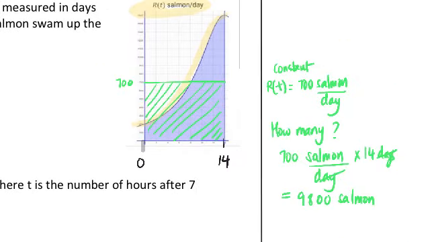So you can see that the area under the rate graph gave us the quantity, or the how many. So what we're realizing now with calculus is that that works even when the rate graph is not a flat line. Even when the rate graph is a curve, the area, which is the integral, this exact purple area, is going to have the meaning of quantity, the net change.